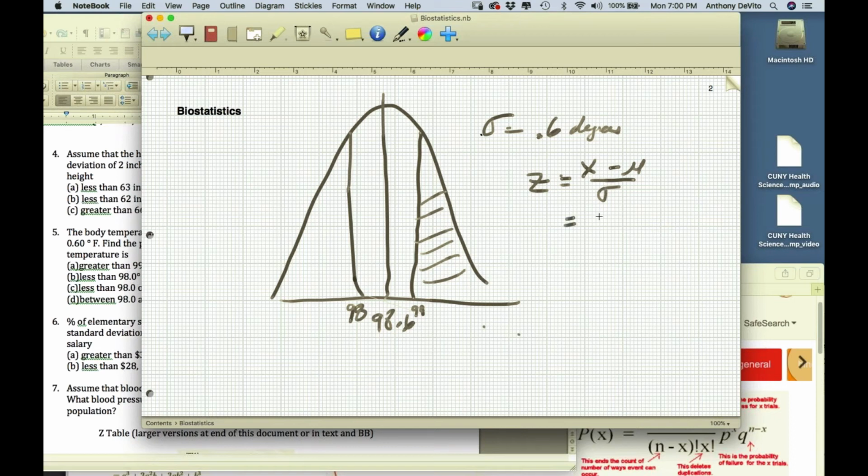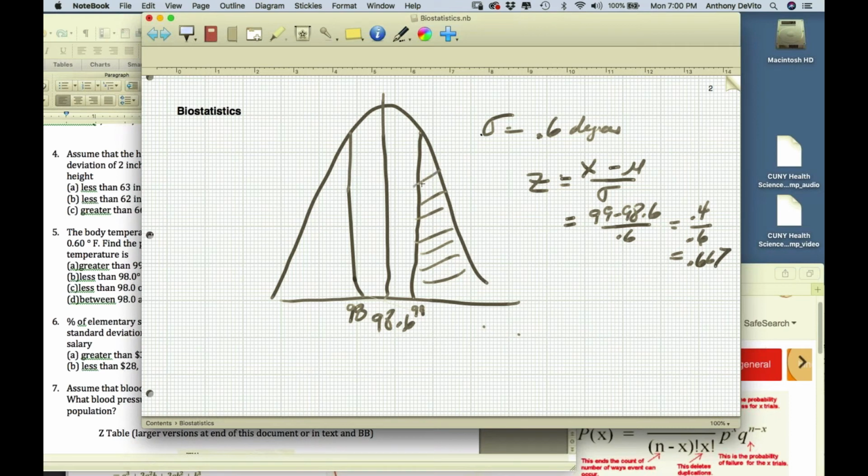So it's equal to 99 minus 98.6 divided by 0.6, which is positive 0.4 over 0.6, equal to 2/3. That's 0.667, or 0.67, which is most likely what we'll use in our case because I'm going to go to the table. That's my z-score.